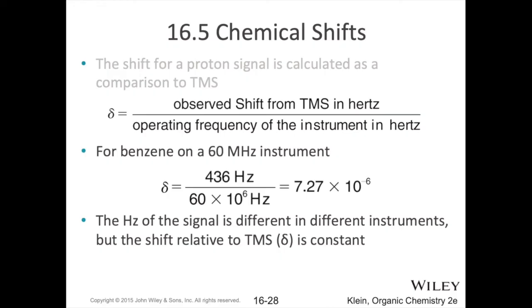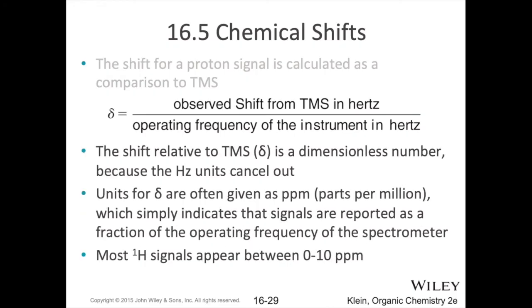Okay, so we would just say that the signal is present at 7.27 ppm. Right? So for proton NMRs, typically most of the signals you're going to see are somewhere between 0 and 10 ppm. They're somewhere in that ballpark. You'll occasionally get signals a little bit outside of that, but that's a little bit rarer.